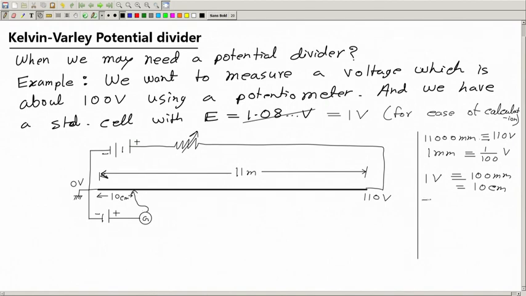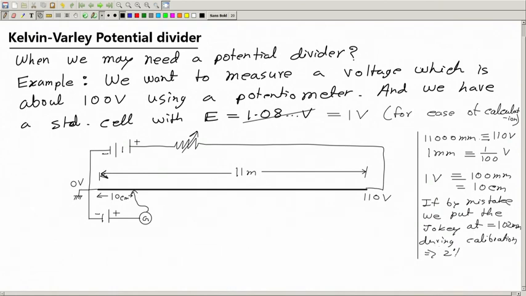So, if by mistake we put this jockey during calibration, where it should be at 100 millimeter, say we put it by mistake at 102 millimeter. Okay. So, we have a 2 millimeter mistake during calibration, which means 2% error.